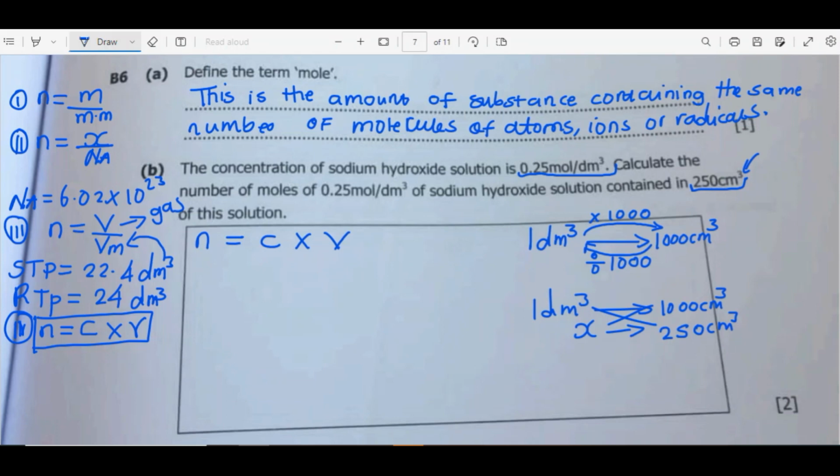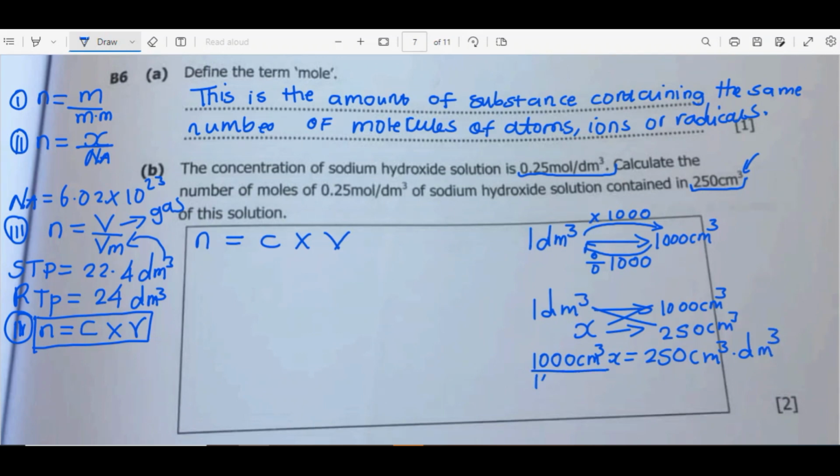I'm just showing the work. The key point is you divide by 1,000. So 1,000 times x is 1,000 cubic centimeters x. 250 cubic centimeters times 1 decimeter cubed is 250 cubic centimeters decimeter cubed.